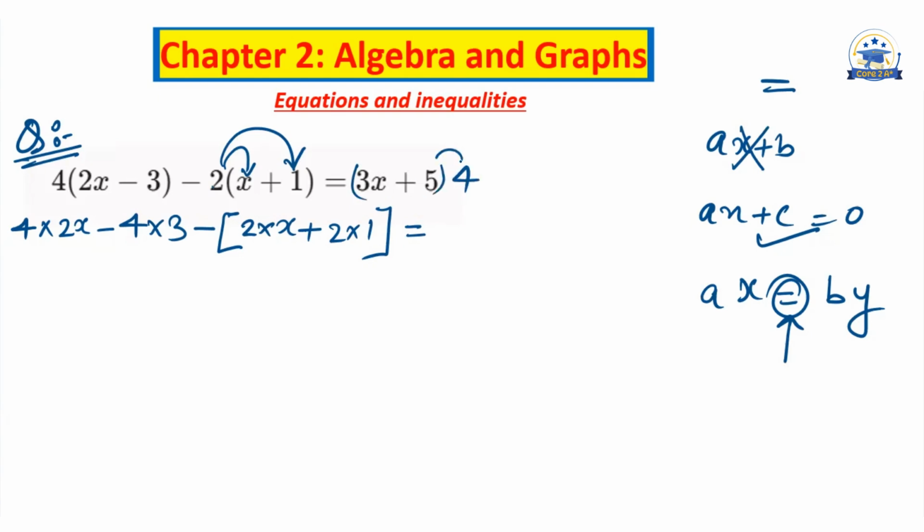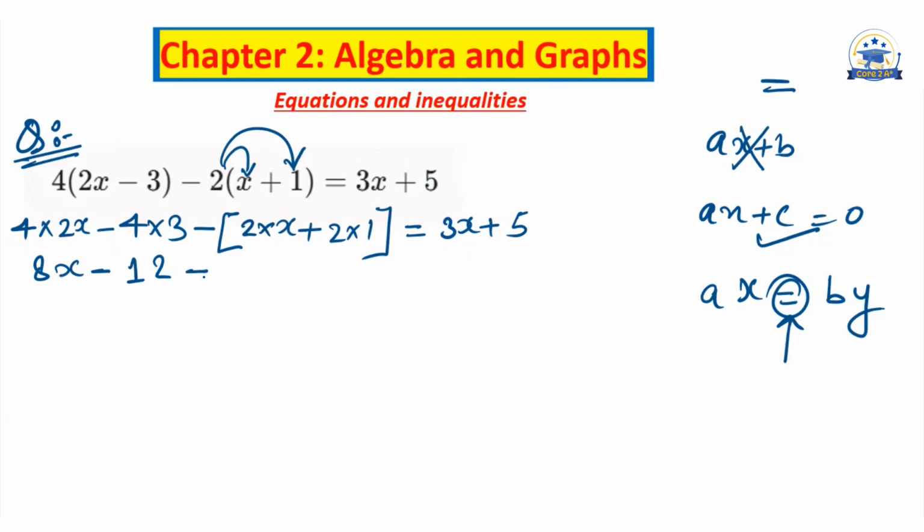No, here we don't need to multiply, so just bring down the whole expression: 3x plus 5. That's it. Now 4 times 2, how much is it? Obviously 8. 8x, negative 4 times 3, it's 12, right? And then negative.